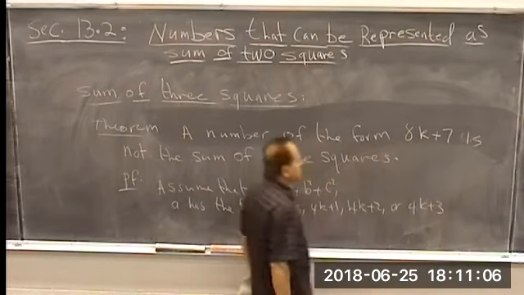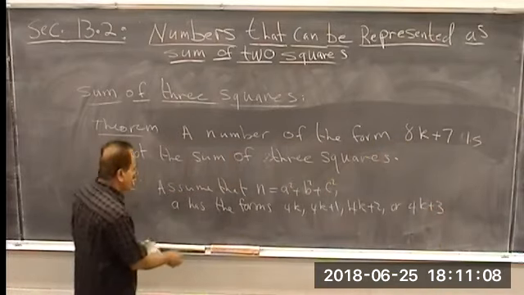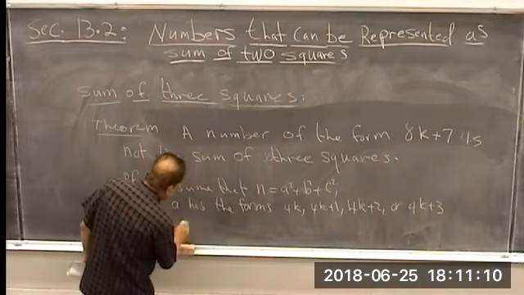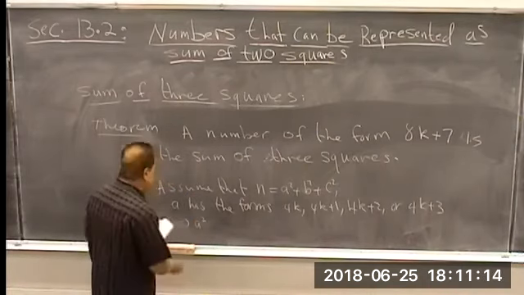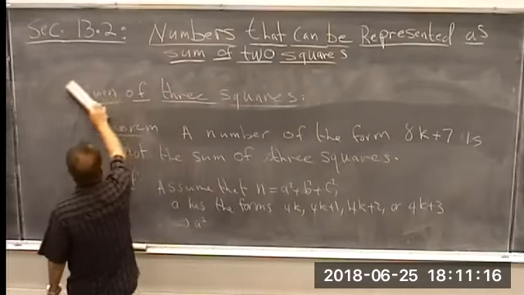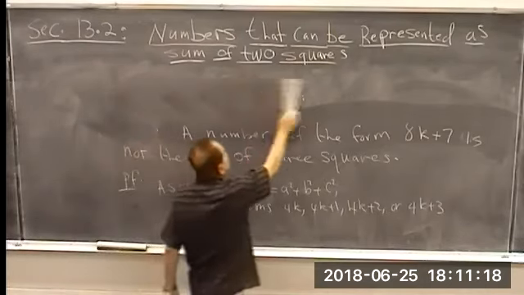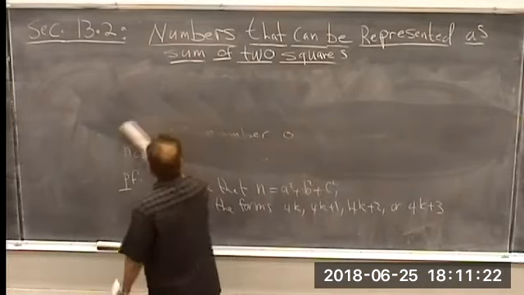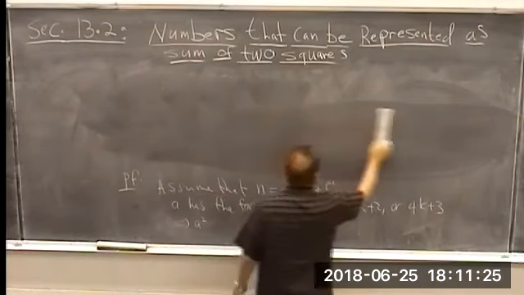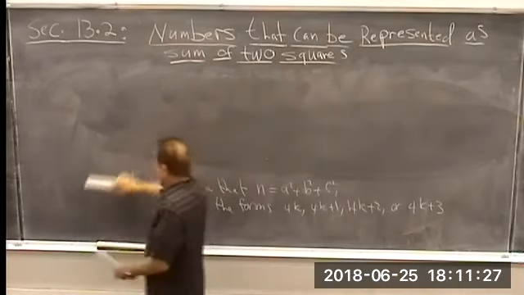Now we're going to look at the squares. What is the square going to look like? So this implies a squared. I'm going to take these one at a time and then see when we add all of these up what kind of number we get.